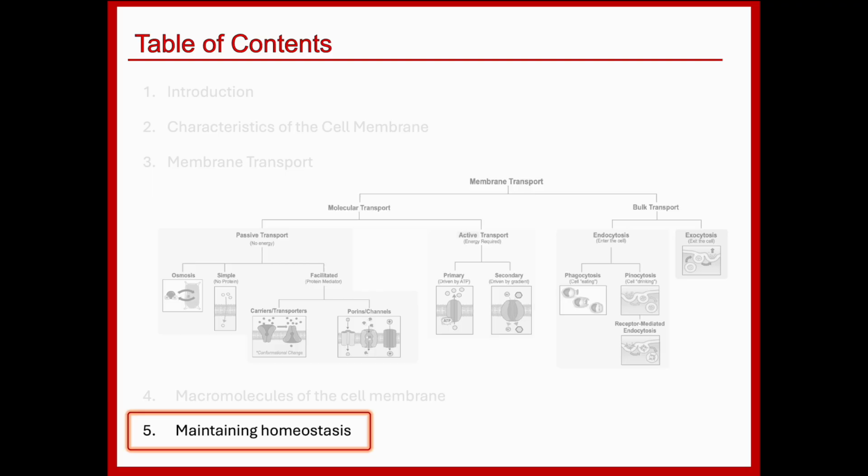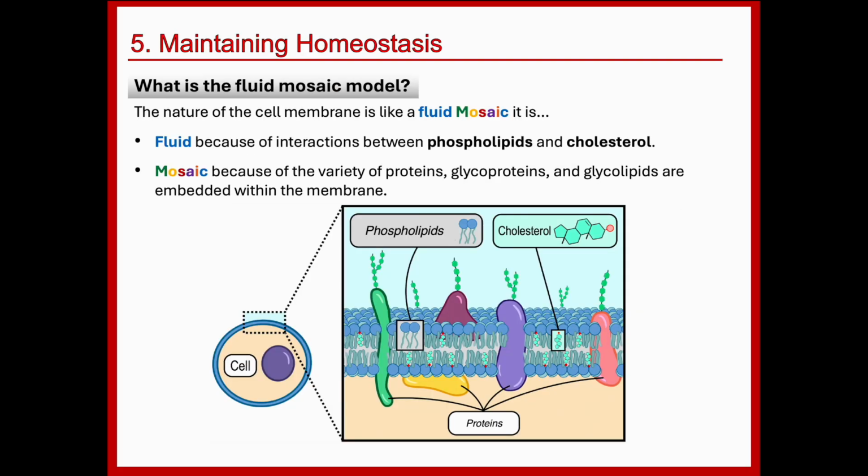So last part is maintaining homeostasis. What is the fluid mosaic model? The nature of the cell membrane is like a fluid mosaic. It is fluid because of interactions between phospholipids and cholesterol. So it's fluid because you have this moving around, and it could really go back and forth.